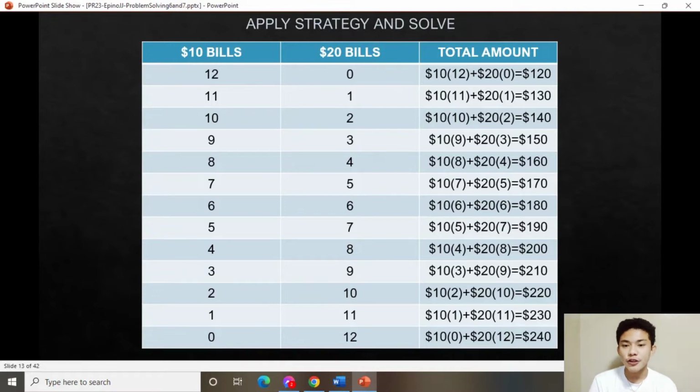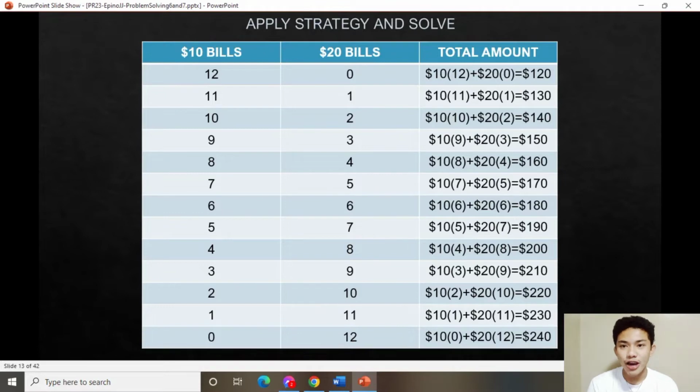Third, if we have 10 pieces of $10 bills and 2 pieces of $20 bills, the total amount is $140. Fourth, if we have 9 pieces of $10 bills and 3 pieces of $20 bills, we have $150. And if we have 8 pieces of $10 bills and 4 pieces of $20 bills, we have $160.